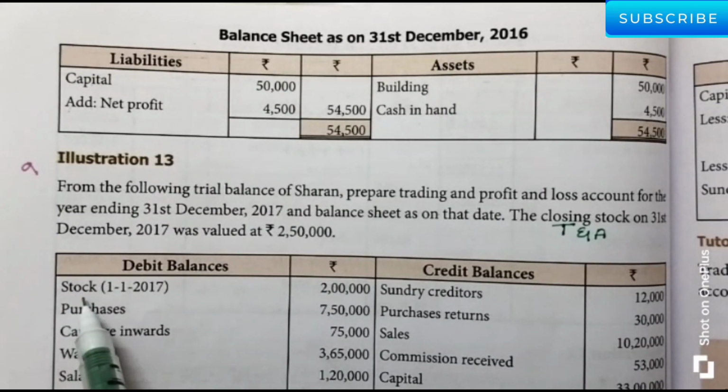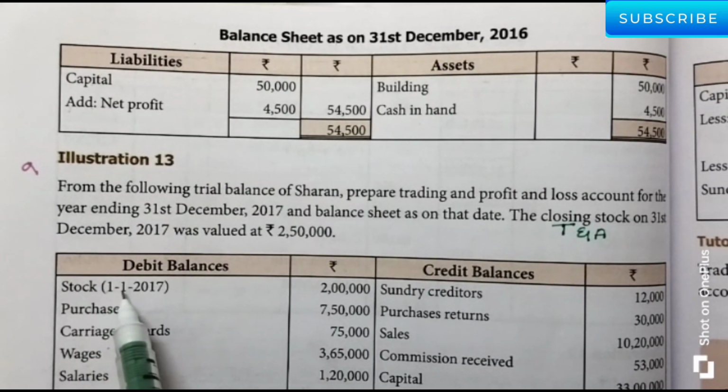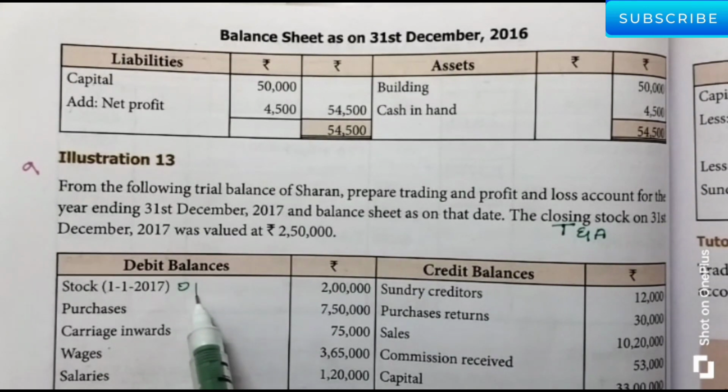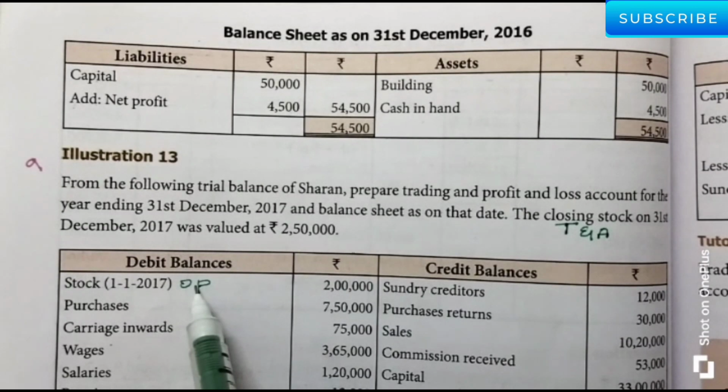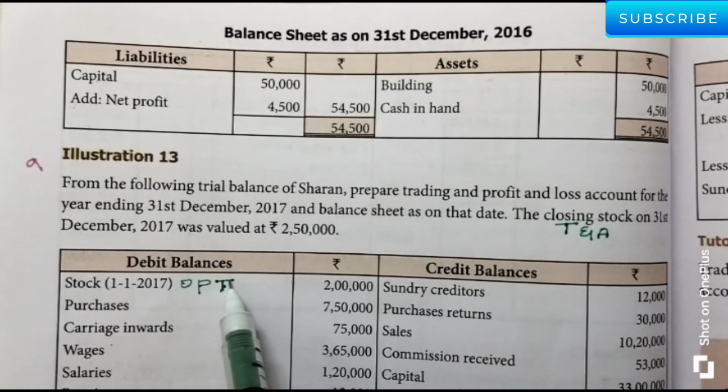Listen, whenever you see stock 1/1, it means opening stock. So opening stock always comes on debit side of the trading account. So we have to mark it as T, it means trading account.